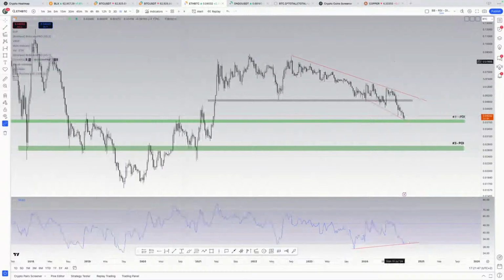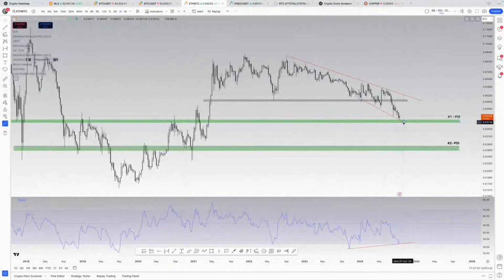Of course, if we're gonna breach this level here, I see Ethereum easily falling to the second point of interest. And I hope this will not happen for many reasons, because this would be another down move of 26%.